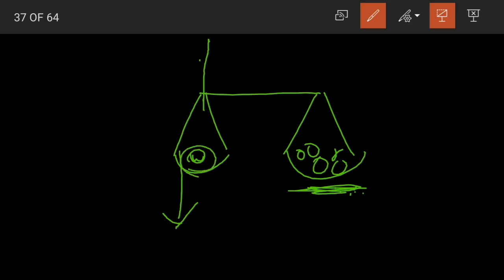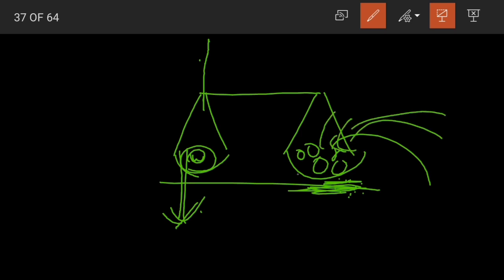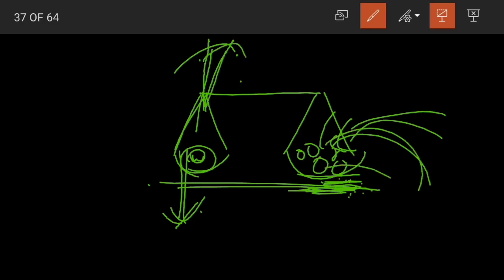That means here the weight of the objects is less. Understood? So like this you have to balance. If it goes down, then you have to add a few more objects or a few more apples to get the weight balanced. If this side of the pan goes up, then we have to remove some apples from the other plate so that the weight balances.